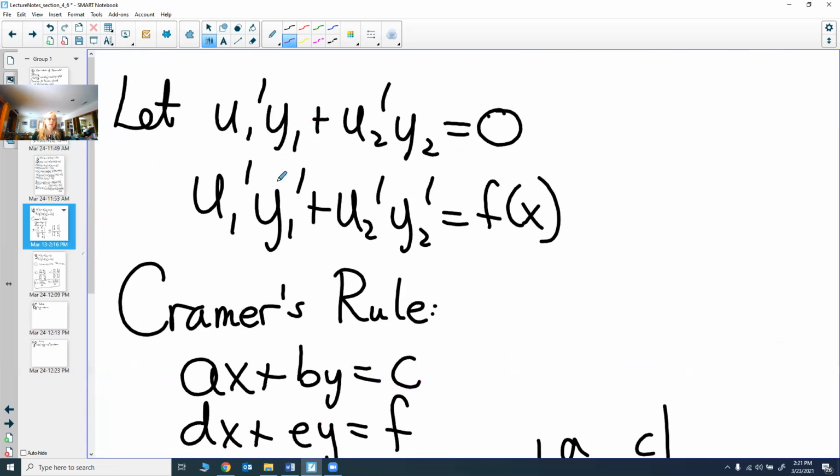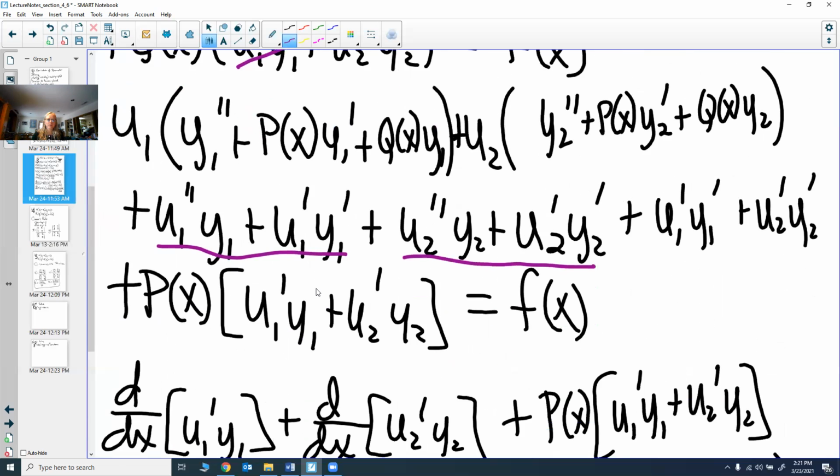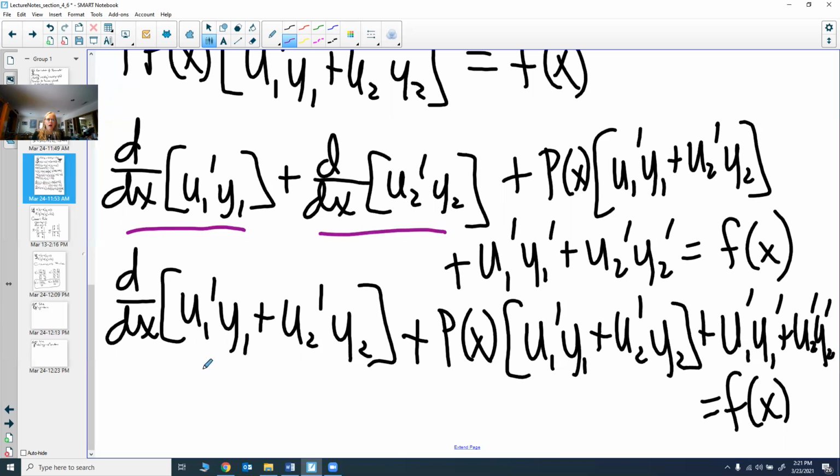So again, what we're doing here is, if we think about what we have, we've got basically a y1' u1, a y2' u2 equals, and then this y1' u1' plus y2' times u2 times p of x, and then the rest of it, the y1' u1' plus u2' y2'.